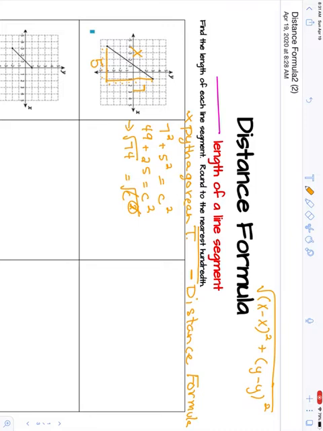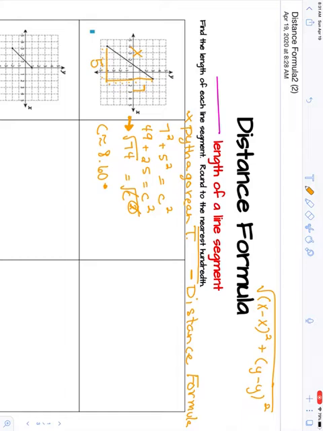This would actually be the exact answer. So this could be an option if you have multiple choice, or if a teacher asks for the exact answer. Or you can type this in the calculator and get a decimal. So it would be approximately 8.60 for your C.